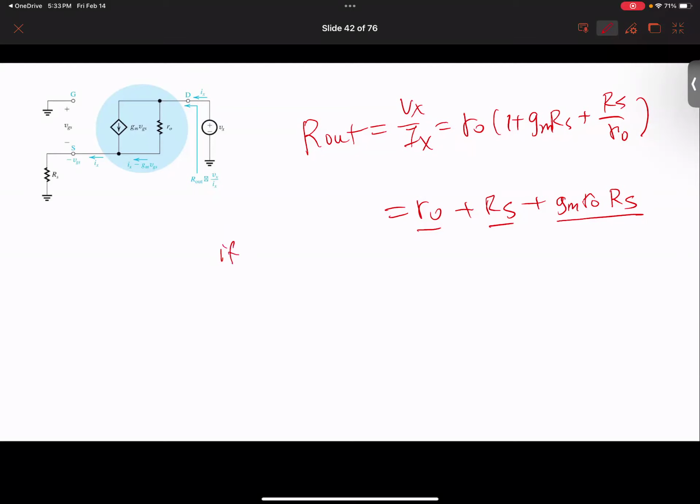So we can do an example. Let's say Ro is 50K and Rs, let's say we give the same 50K, and Gm is 1. And what do we get for R out? It should be 50 plus 50 plus 1 times 50 times 50 equal 350, right?